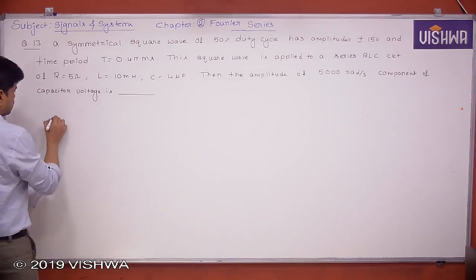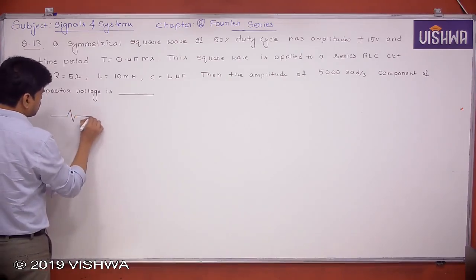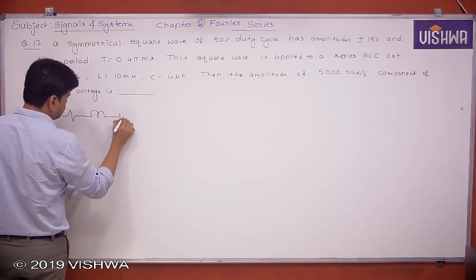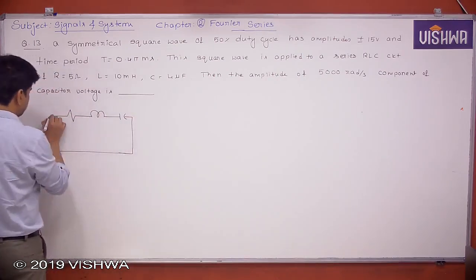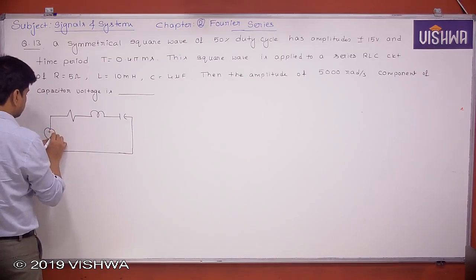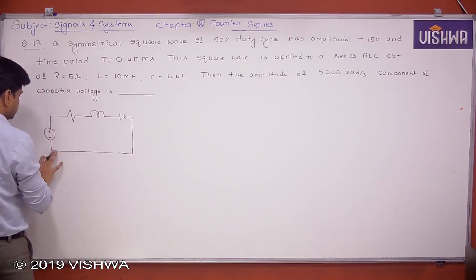So this is the circuit, a series RLC circuit. For this circuit, they have given V of t, which is a square wave.